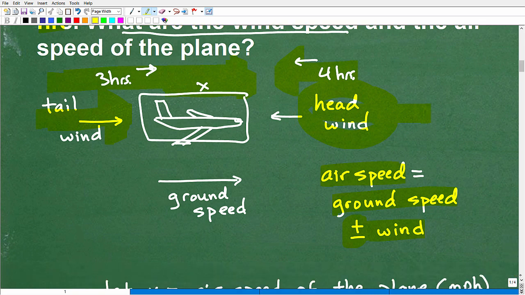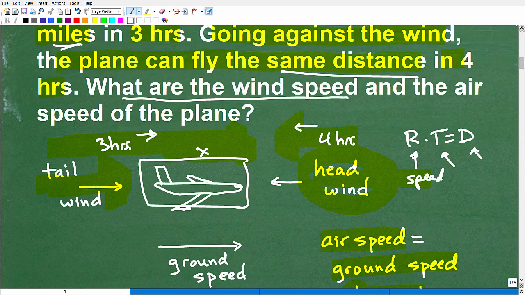Now remember that other formula that we're going to be using: rate times time is equal to distance. Rate is speed, if you didn't know that. Time is obviously time. And distance is things like what we have right here, like miles.